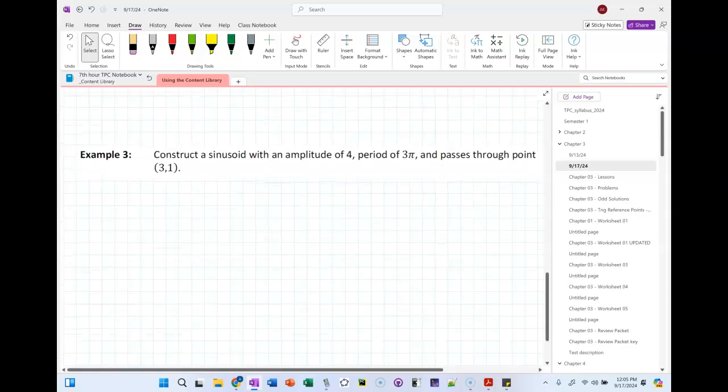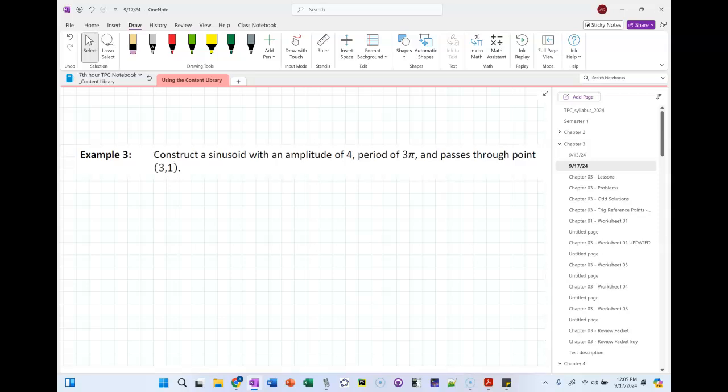So in our first example, it says construct a sinusoid with amplitude of 4, period of 3 pi, and passes through the point 3, 1. Sinusoid tells me I could use sine or cosine, so I'm free to choose which kind of equation I want to write.